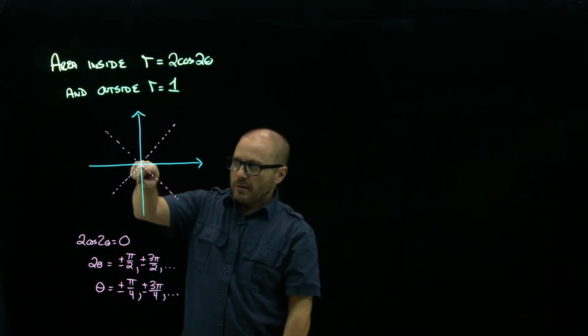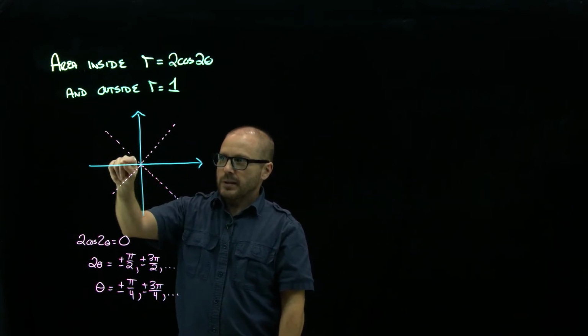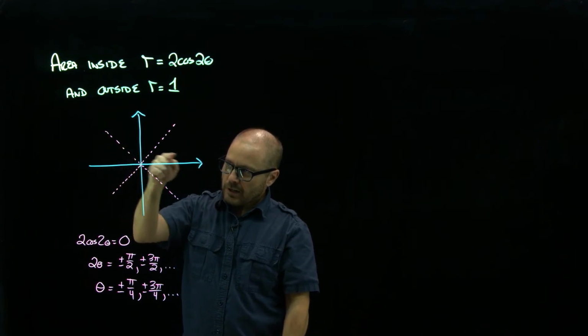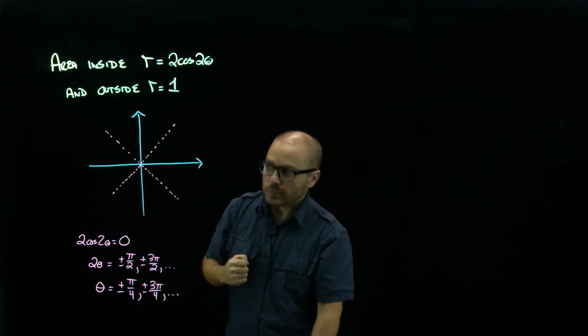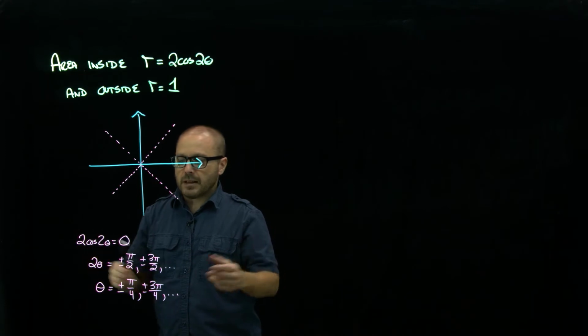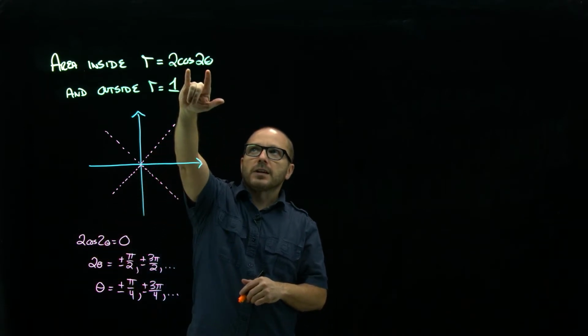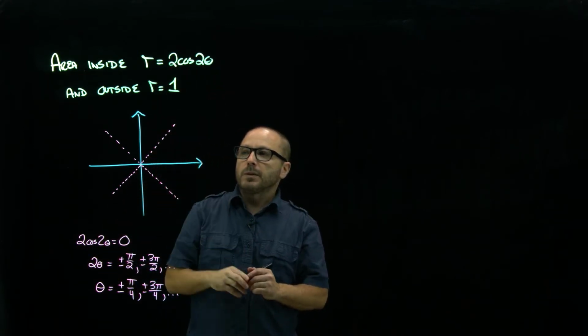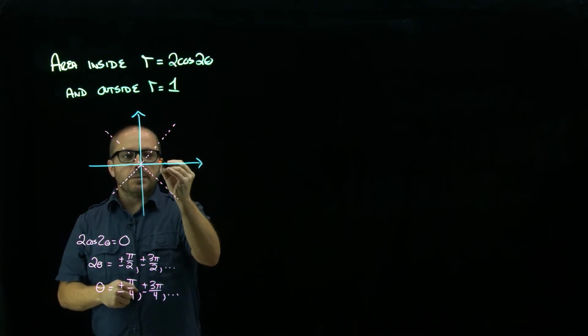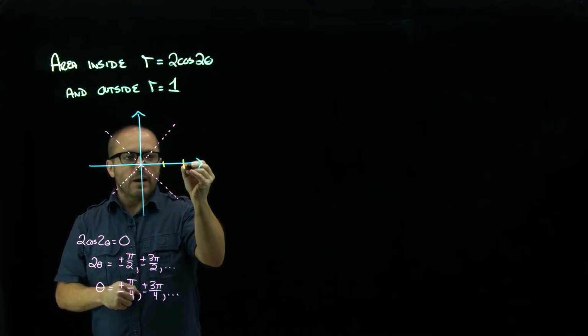So now I know where my 4 leaves are, right? They're in between there because each leaf is going to start and end as it approaches those asymptotes. And how big do they need to be? Well, the biggest cosine ever gets is 1, and this is multiplied by 2. So at the very tips of those leaves, we're out here at 2.